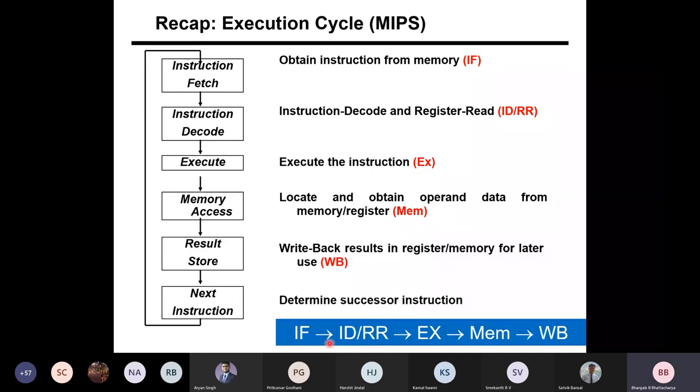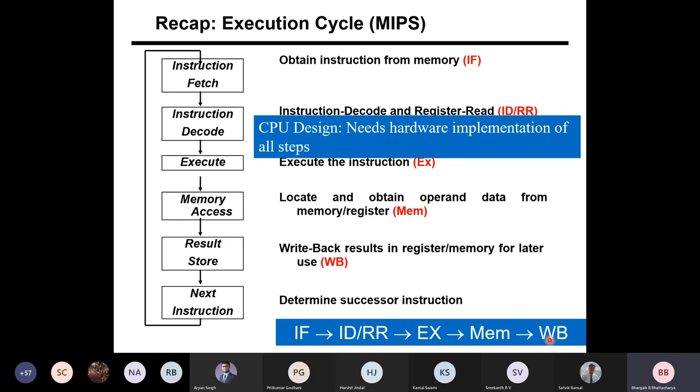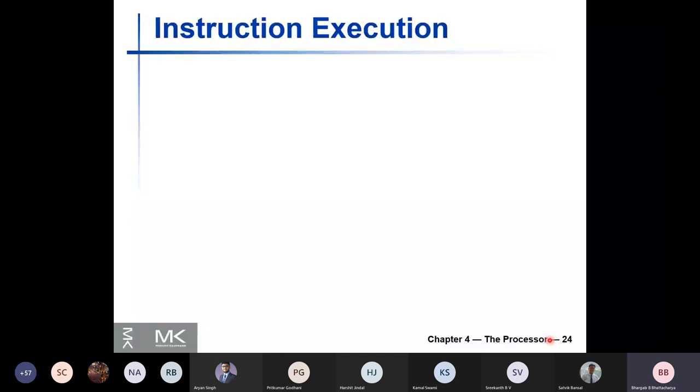So these are, in MIPS, the basic 5 stages: instruction fetch, instruction decode and register read, execute, memory access, write back. So remember these 5 stages. And when we do our CPU design, we need hardware implementation of all these steps. And let us see how we can do that.